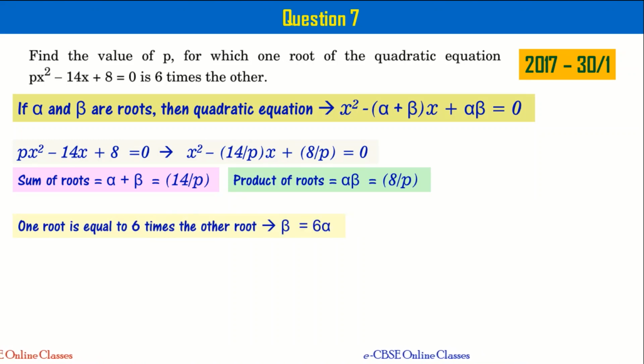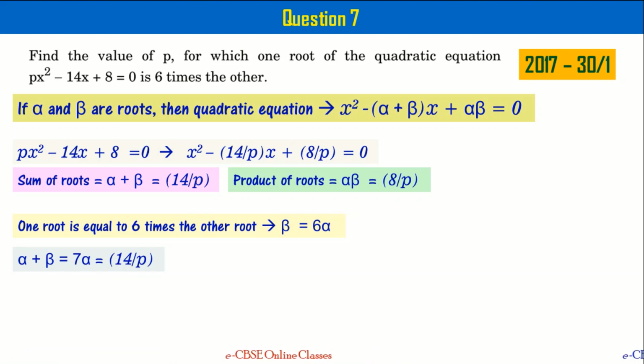One statement given in the problem is one root is equal to 6 times the other root. It means I can write beta equal to 6 times alpha. Let's substitute that into sum of the roots expression, that is alpha plus beta. It is going to be equal to 7 alpha, and that is equal to 14 by p. So when you simplify it, you get alpha equal to 2 by p, right?